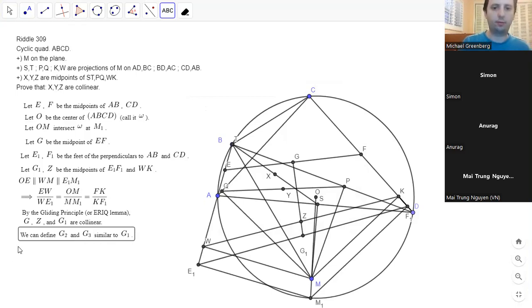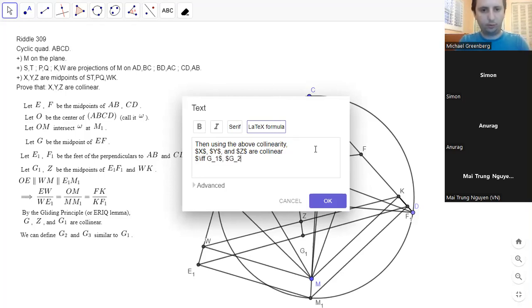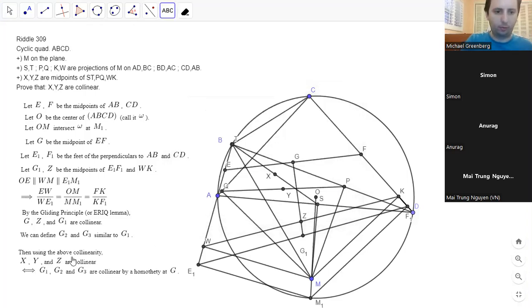So basically, therefore, X, Y, and Z are collinear if and only if G1, G2, and G3 are collinear by a homothety at G. Actually, I think we need one more thing here.